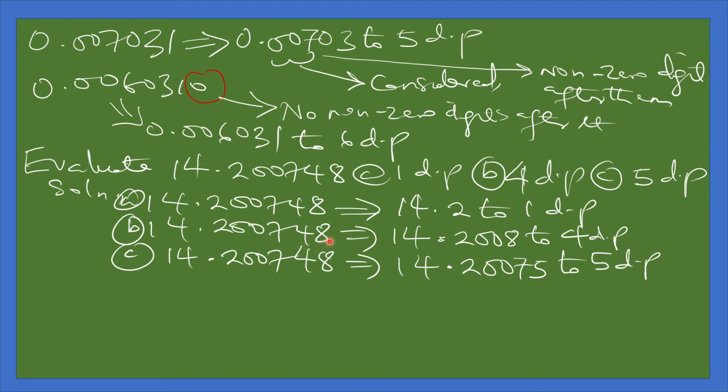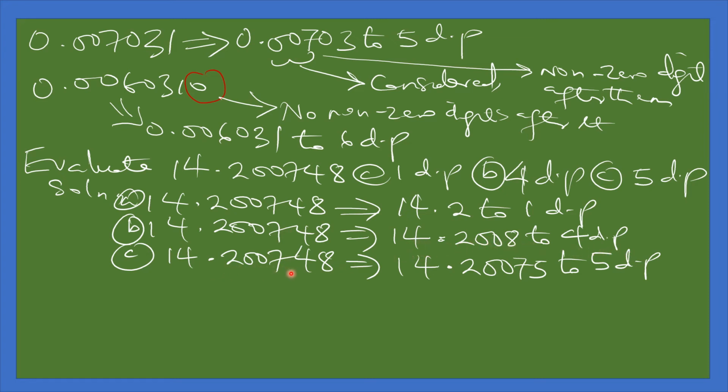So here we have 8, here we have 4. Since 8 is greater than 5, we increase the previous number, which is 4, by 1, making it 5. Now because we have 5 here and the previous number is 7, we need to increase the previous number by 1, making it 8. That's why we have 14.2008 to 4 decimal places.